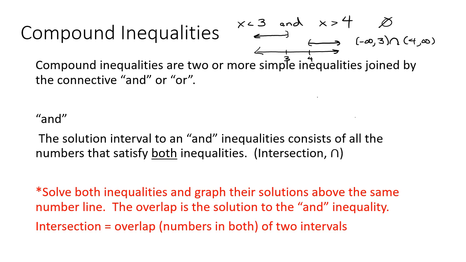So for now, we're going to be solving simple linear inequalities and looking for where their solutions overlap. But later on in the course, if we're just asked to take an intersection, the procedure will be the same. You'll just graph this on a number line, graph this on a number line, look for where they overlap.